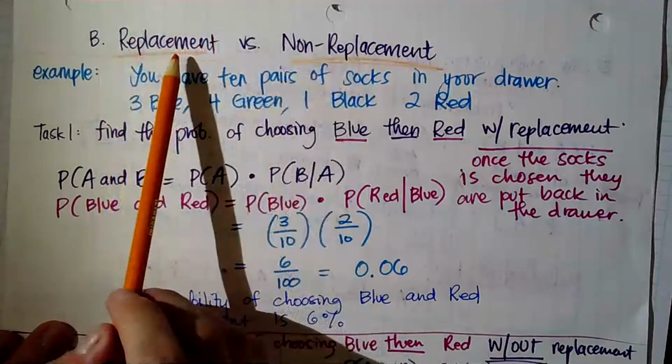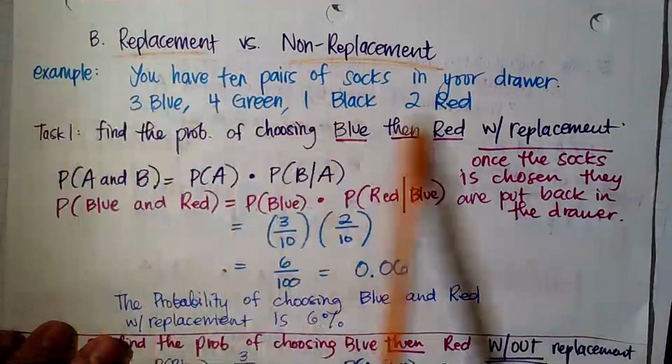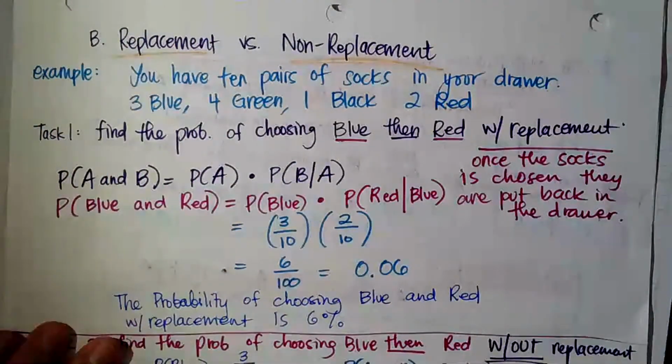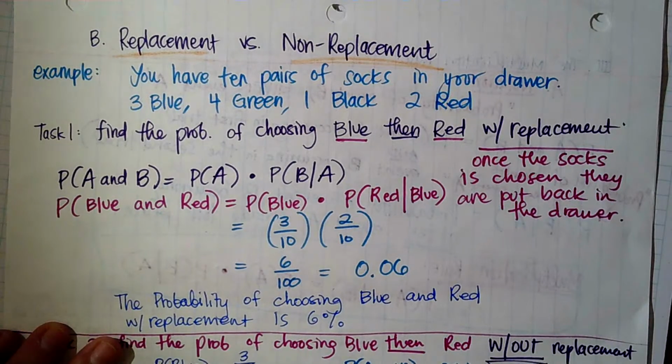A classic probability problem is the sock drawer problem: I have 10 pairs of socks in my drawer. 3 are blue, 4 are green, 1 is black, 2 are red. If I choose to replace, that means when I make my first choice, I record what color it was, then that sock goes back in the drawer, and then I choose again.